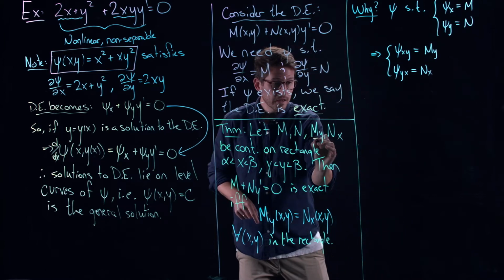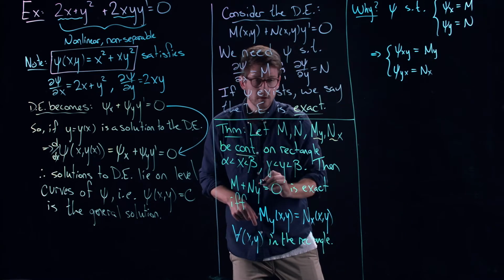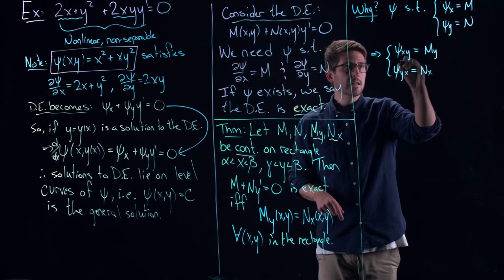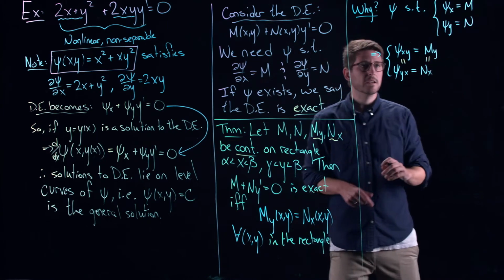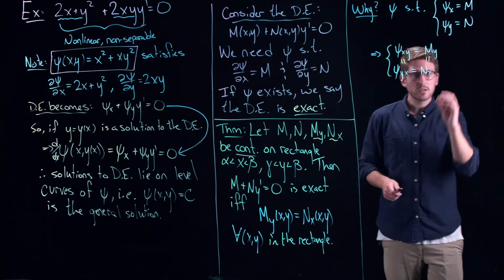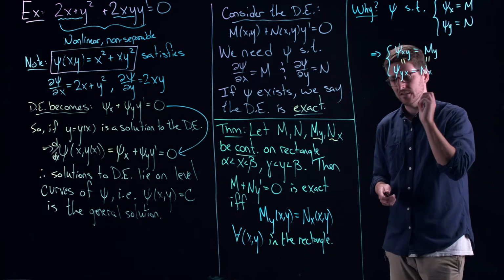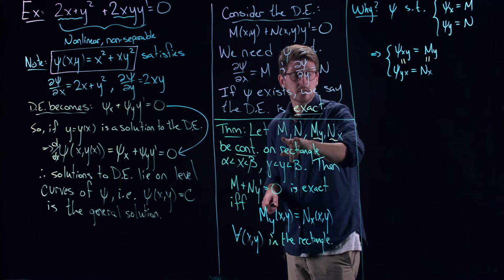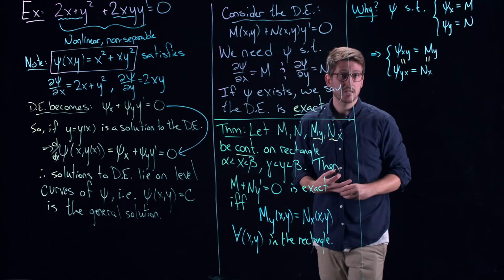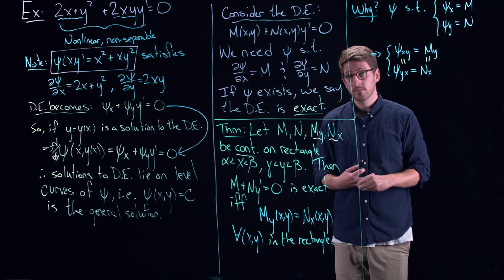So why did I need to assume these things are continuous? So that I can say that these two things are going to be equal, and therefore these two things are going to be equal. So it's important to pay attention to the details here. Continuity of M and N, we probably could have guessed. That comes from just guaranteeing a solution to the differential equation.